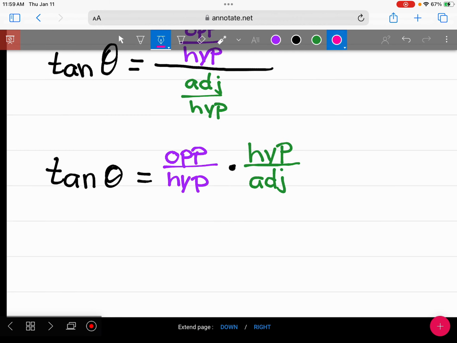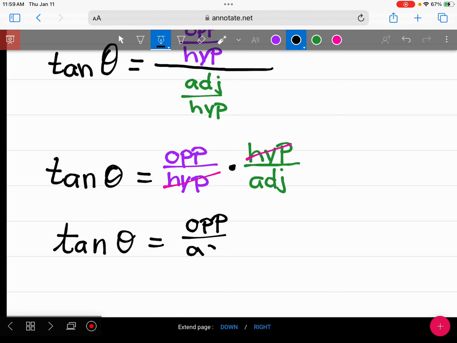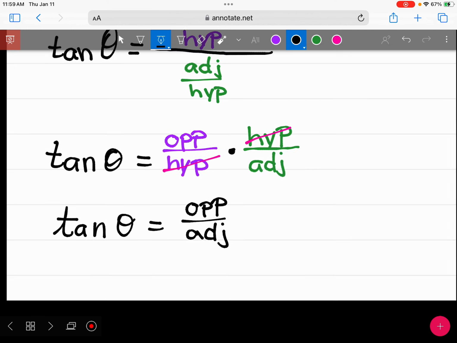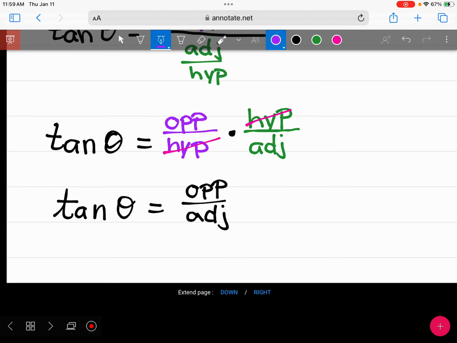The hypotenuse values cancel out, so tangent of theta equals opposite over adjacent, which according to the definitions of our trig functions is true.